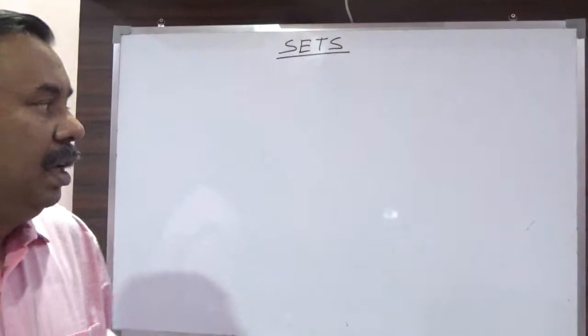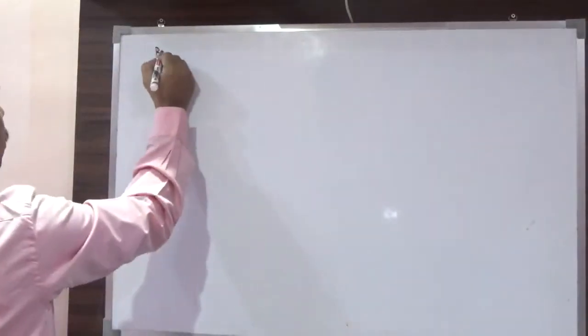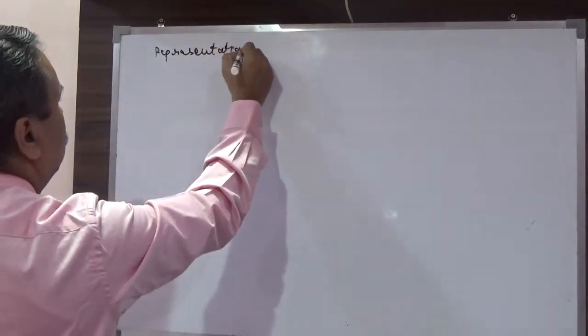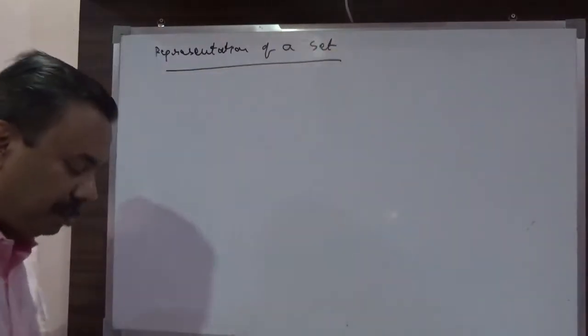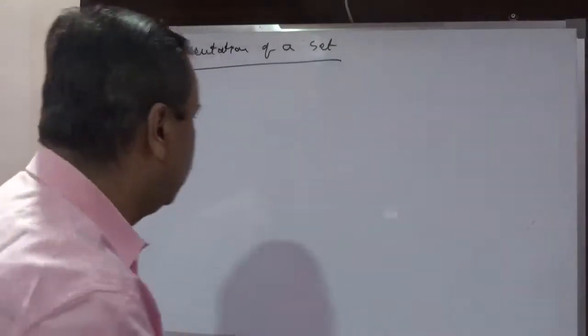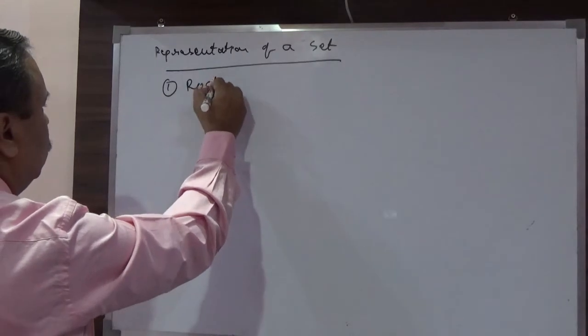That is called representation of a set. There are two methods. First method is called the roster form.